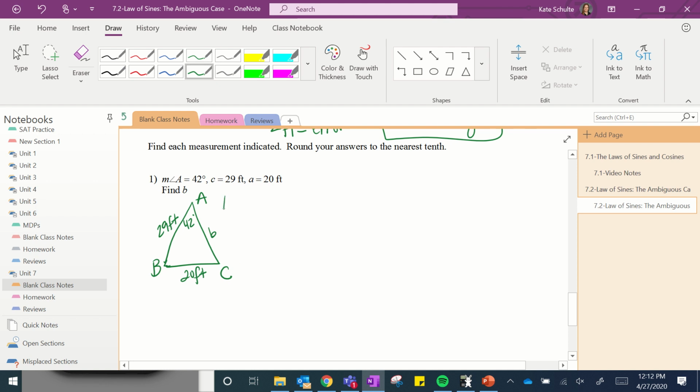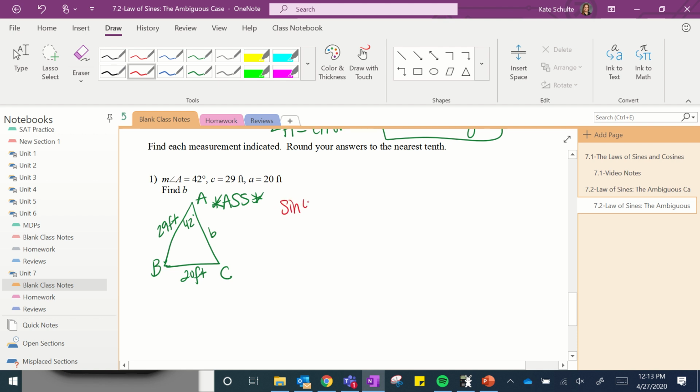Angle side side, my ambiguous case. I'll give it to you one more time. So I'm going to make sure I check to see if there's 2 triangles or no triangle or only 1. You'll notice here that I'm given angle A and side A. So I'm probably going to start with that.